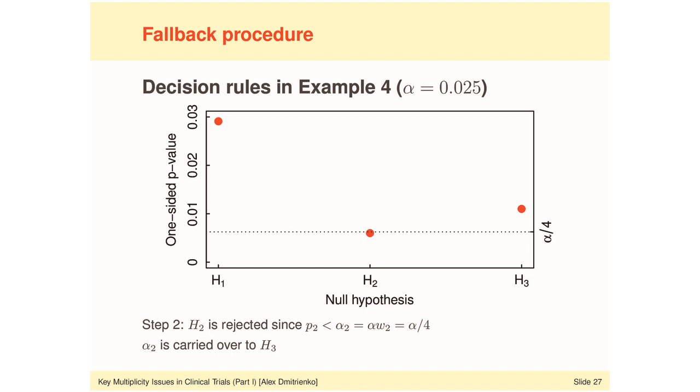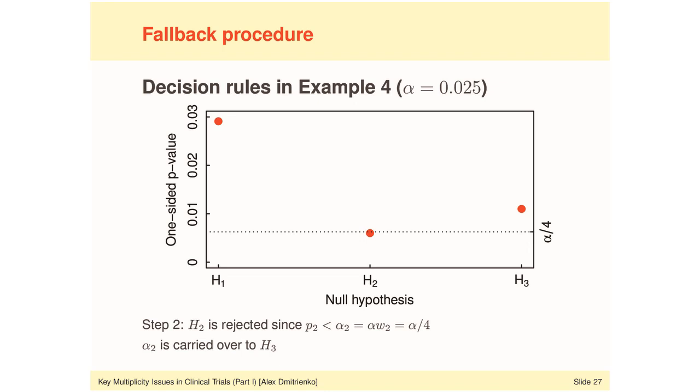This is not the end of the game for this fallback procedure, because unlike the fixed sequence procedure, this procedure utilizes a fallback strategy, and this fallback strategy is that if a certain hypothesis is not rejected, then the next one in the sequence will be tested at the pre-assigned level. This pre-assigned level is equal to alpha times the predefined weight.